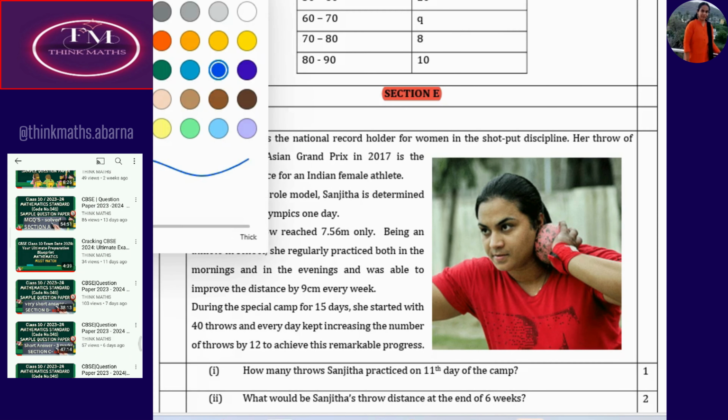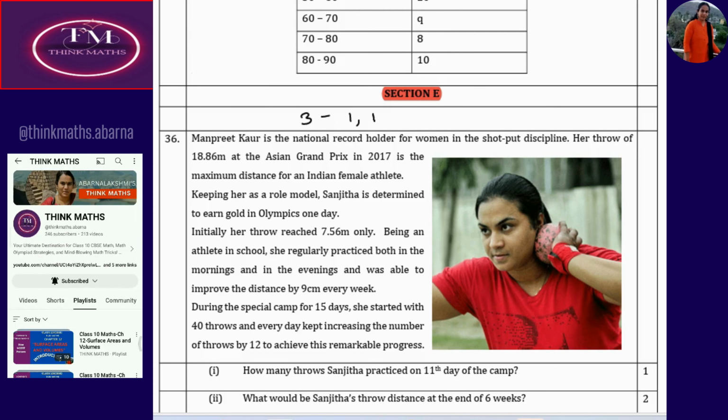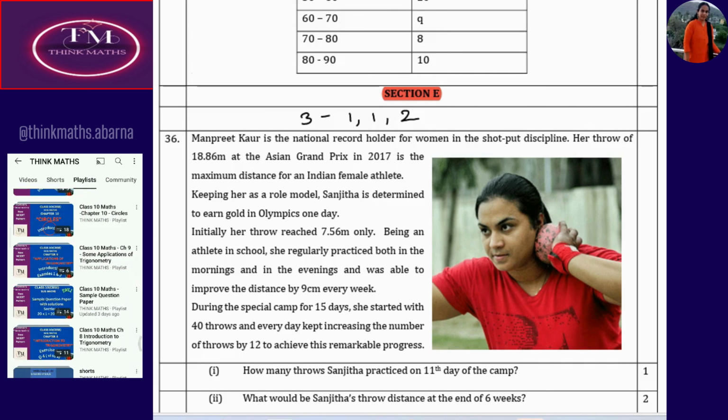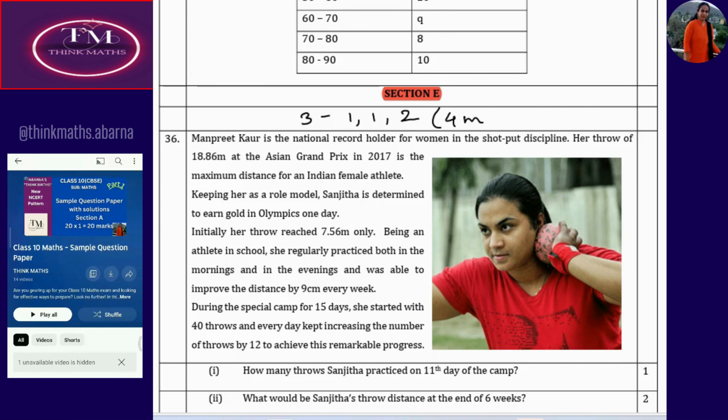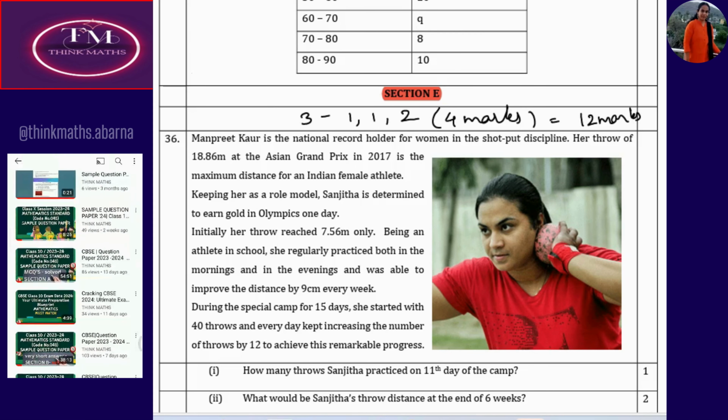In each question, there will be 3 parts. One part carries 1 mark, another is also 1 mark, and another will be 2 marks. So totally 4 marks. So you will get 3 into 4, 12 marks. So section E carries 12 marks.